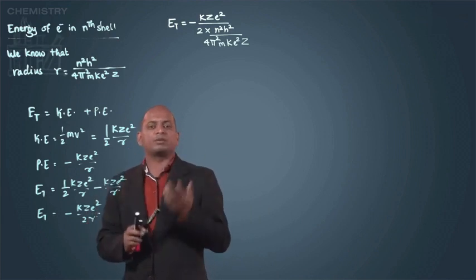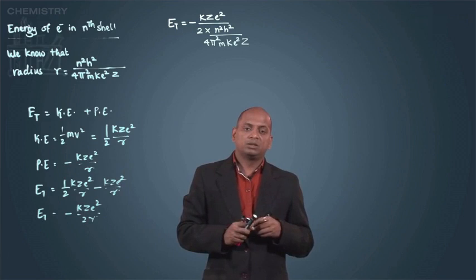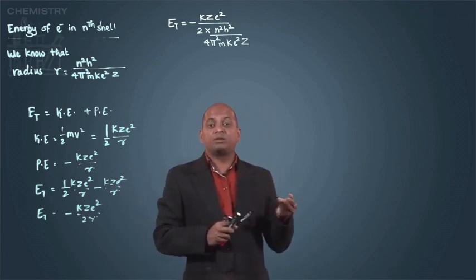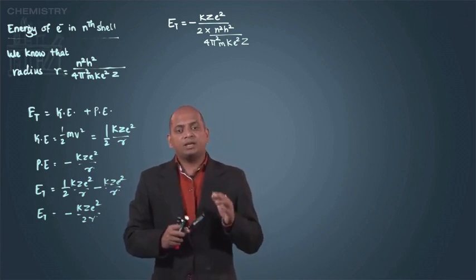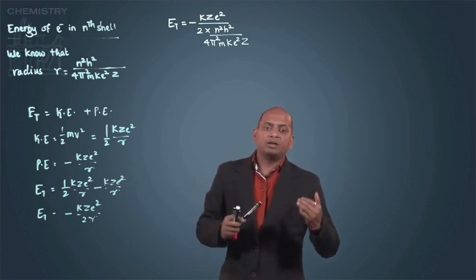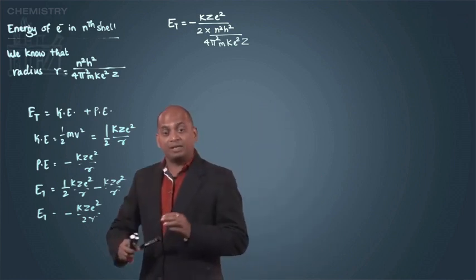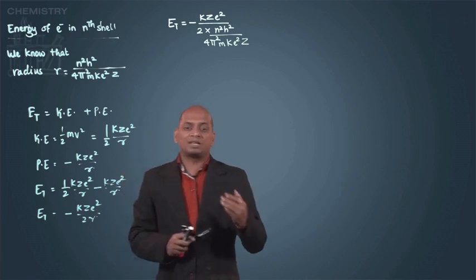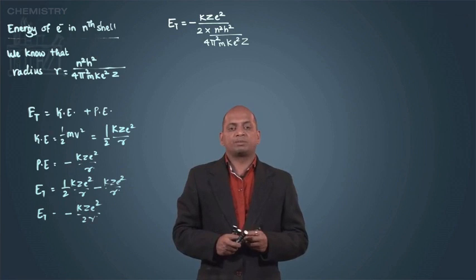It is very difficult to remember those formulas, and even if you remember, it is very difficult to reproduce them at the time of examination. For that purpose, it is very essential to know how you are arriving at the formula. So it is not really a derivation; it is a process of arriving at a result which we are going to apply while solving the problem.